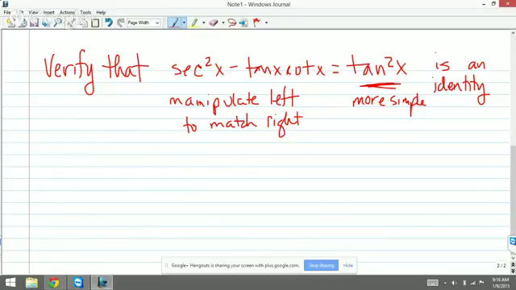Okay. What can we change on the left? Okay. We might go that direction.